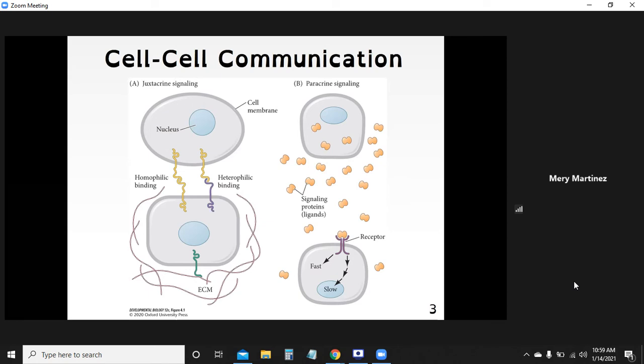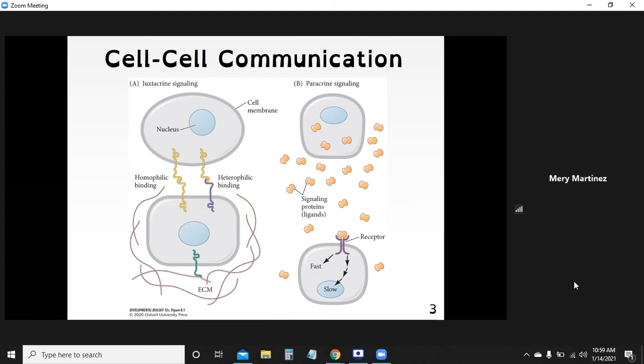In this type of communication, the signal is carried out via membrane receptors. This is what we see in here, these little wigglies, the membrane receptor binding proteins, which normally are associated with the extracellular matrix, this gray section here.